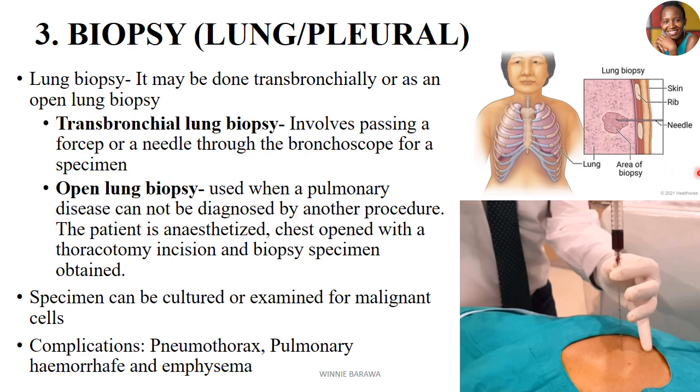So this is how the two look. For the transbronchial lung biopsy, you go in with a bronchoscope and directly access the lung tissue and get your biopsy. But for the open lung biopsy, the patient has to be under anesthesia, for instance here where we are, and then you access by opening the chest and getting the biopsy as you require.